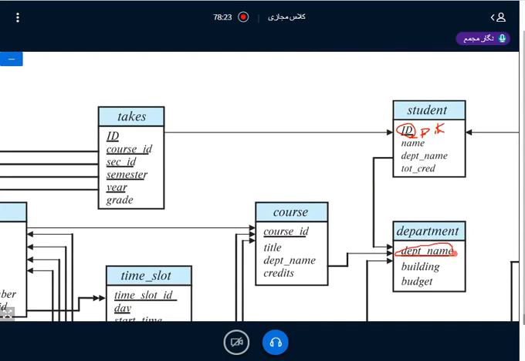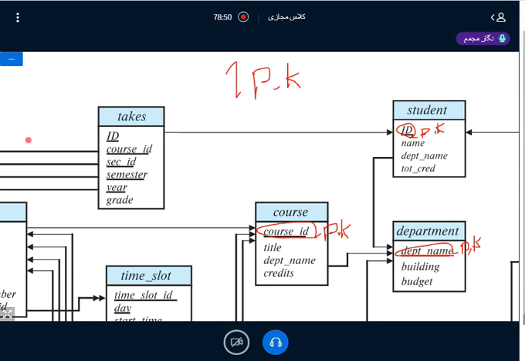Department name here is primary key for table department. Course ID is primary key for table course. Every table can have many super keys, can have many candidate keys, but they have one primary key. We have one primary key, but we can have many foreign keys.